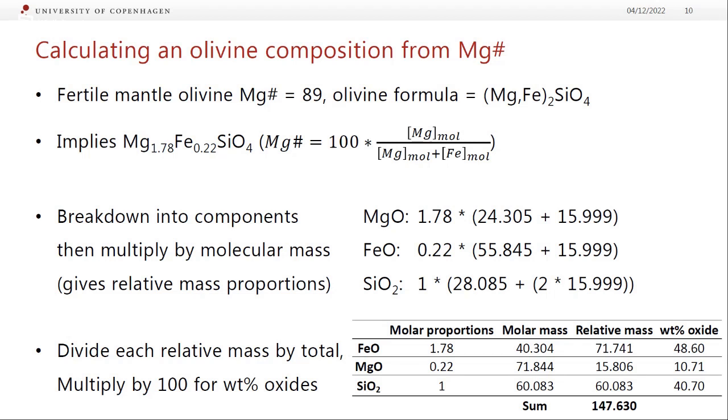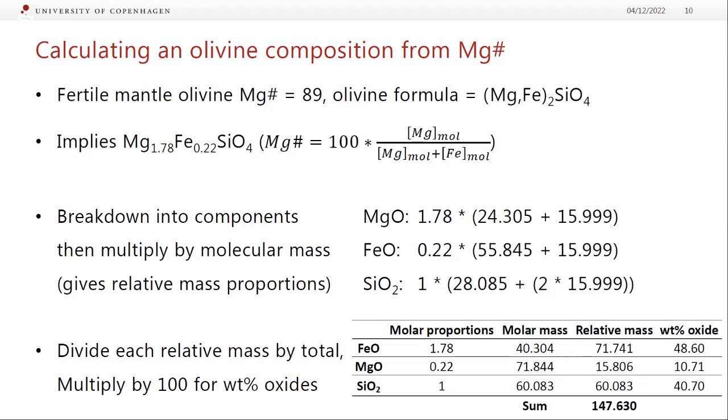So we'll start with probably the easiest case, although it looks a bit messy on the slide. And this is how you would calculate an olivine composition from Mg number. So what we're going to do is calculate a fertile mantle olivine. We said before that olivine in mantle peridotite is usually about Mg number 89.